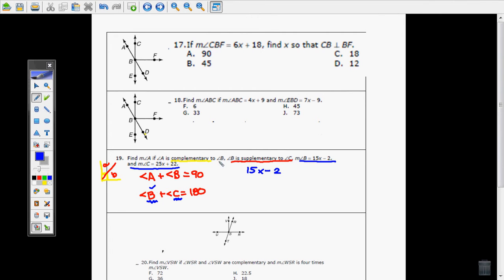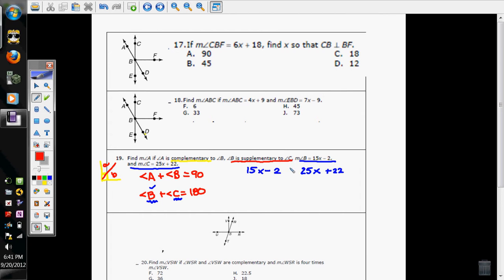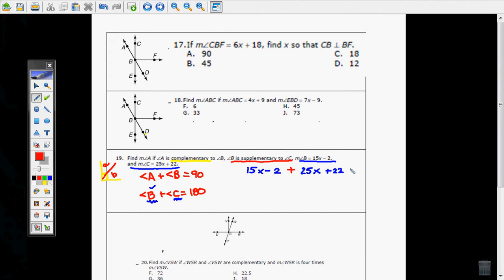Angle C is 25x plus 22. I know that angle B and C are supplementary. So that means I'd add them and set them equal to 180.